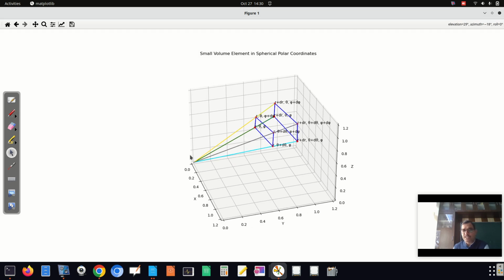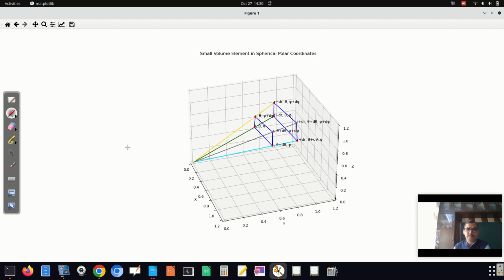Yeah, so that will be better. Say this direction is r cap, this direction is phi cap, and this direction is theta cap.